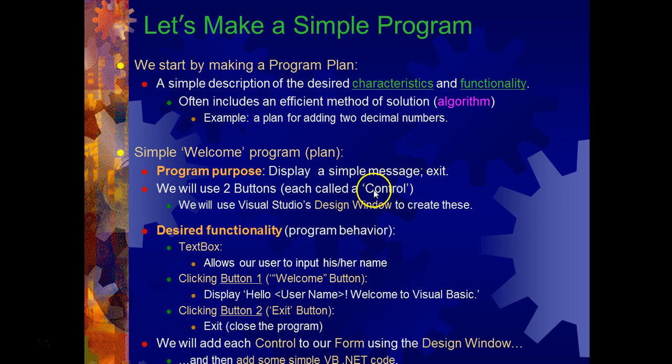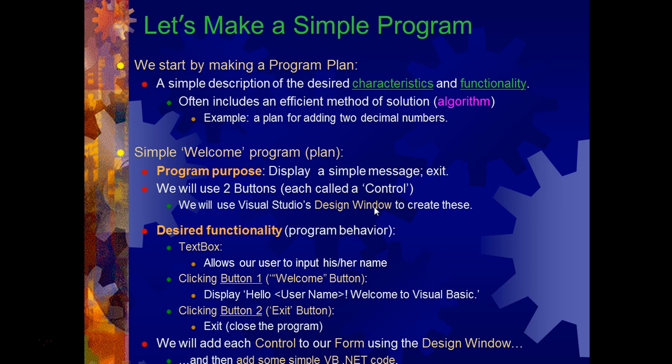These buttons are called controls in general. All those objects on that form are referred to as controls, maybe because they control how the program works. You can control what happens by clicking on those buttons. So they're called controls.